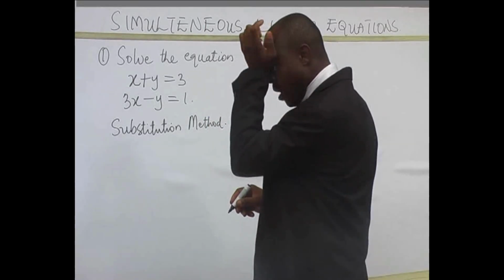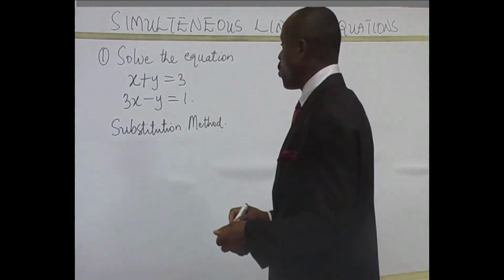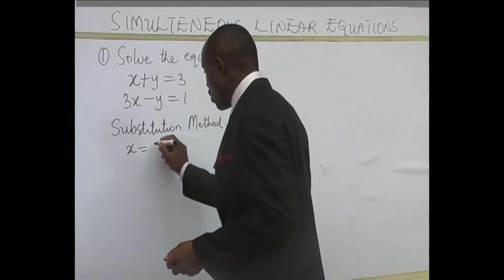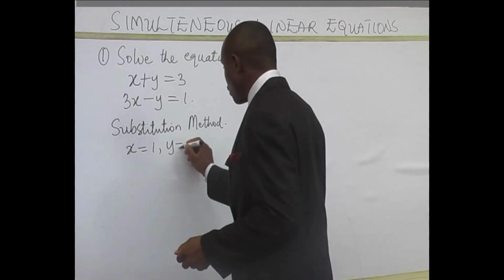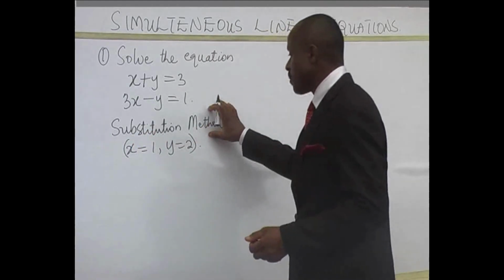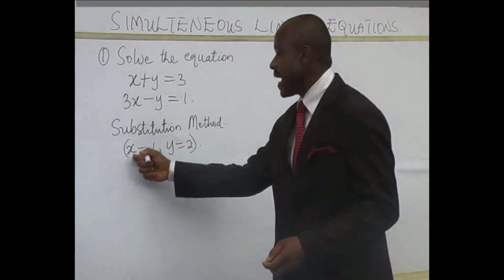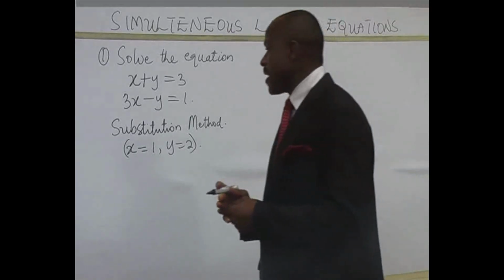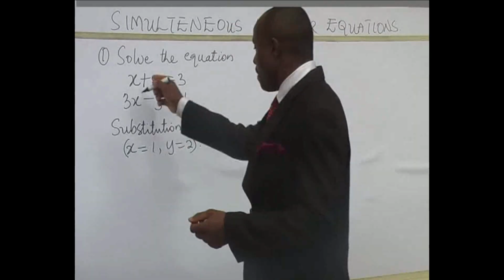Remember when we solved with the elimination method, we got that x is equal to 1 while y is equal to 2. Bear it in mind. When we finish solving with the substitution method, we're going to get the same thing, that x is 1 while y is 2. So in the substitution method, what we're going to do is bring down the equations.